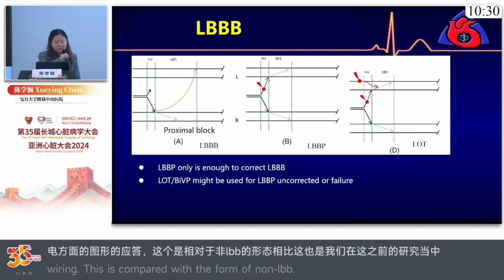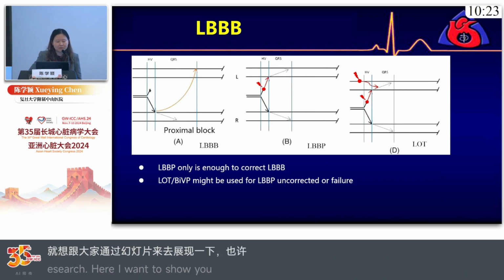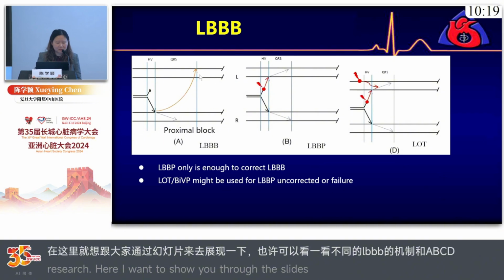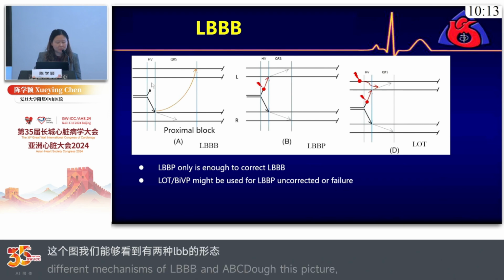So here is a slide to show maybe there's a different mechanism of LBBB and IVCD. From this figure, if we have a true LBBB morphology, that means it's a proximal block of the LBB.